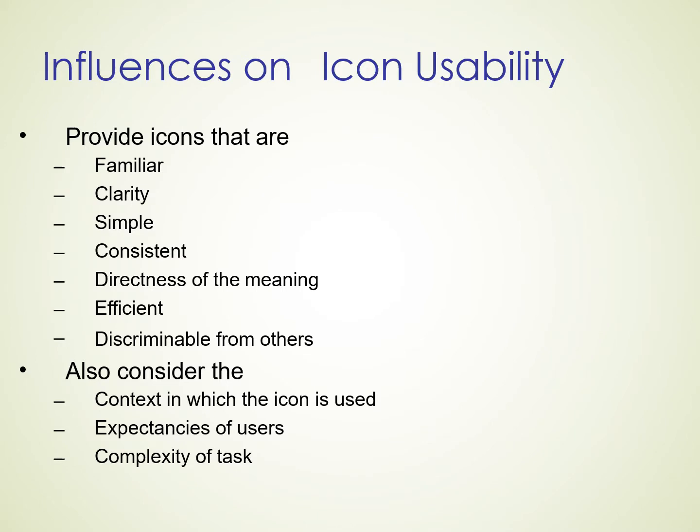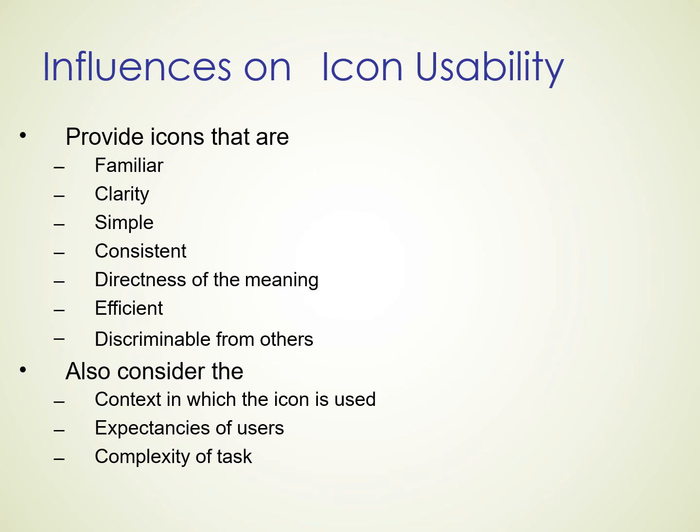So, influences on your icon usability. Okay, so when you are creating icons, you should provide icons which are familiar, clear, simple, consistent, have directness of meaning, and are efficient and can be distinguished from others. They should not be the same, because again you're using icons so that it becomes more easily understandable by the users.